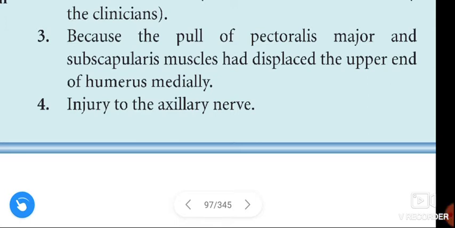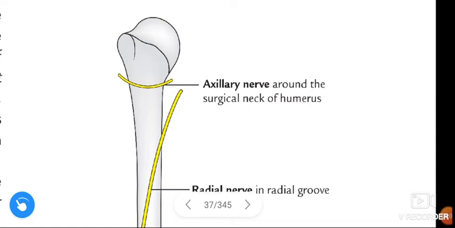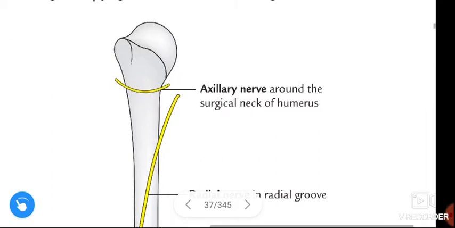The point you have to remember is that the axillary nerve is intimately related to the medial aspect of the surgical neck of humerus. See this figure, guys? This is the axillary nerve around the surgical neck of the humerus.